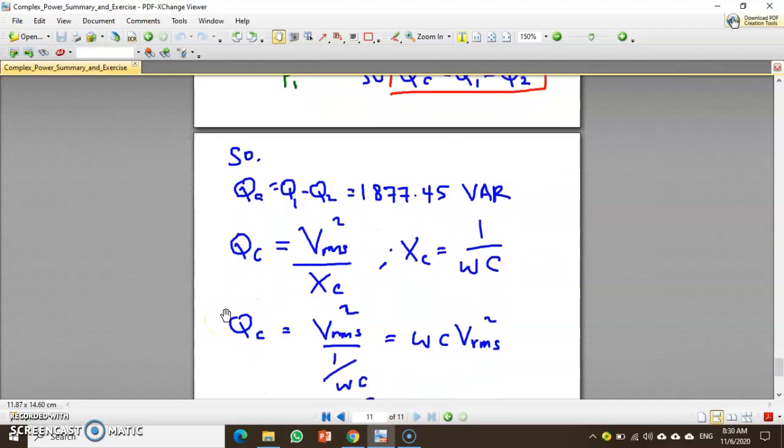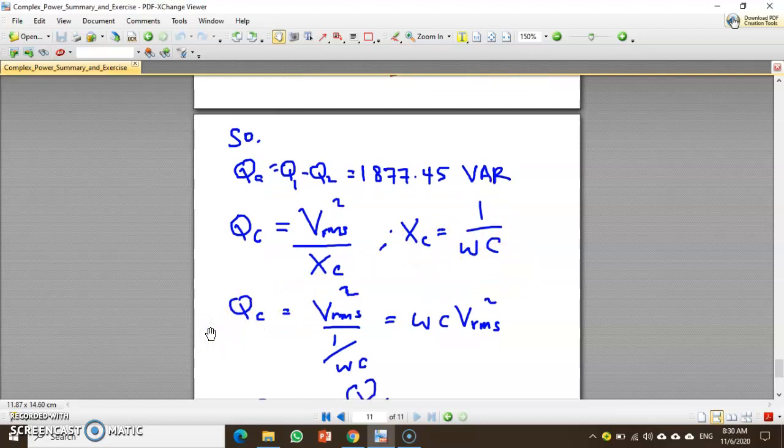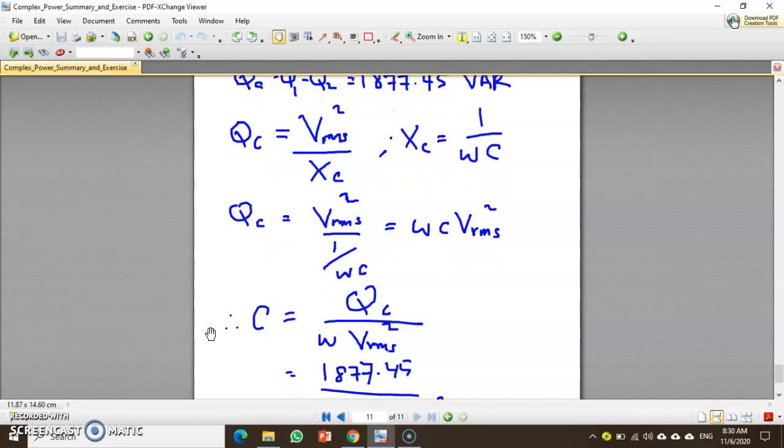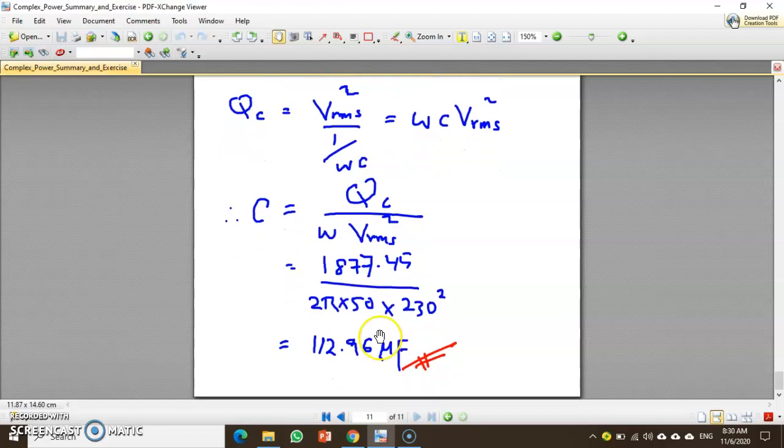From QC we can determine C, because we know that QC equals Vrms squared divided by XC. In this case XC equals 1 over omega C. By solving this equation you can determine C, which is QC over omega times Vrms squared.